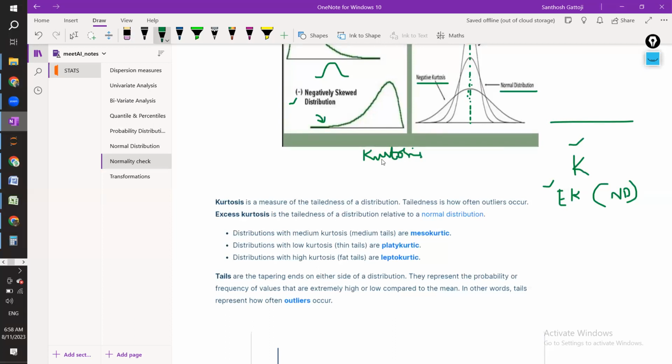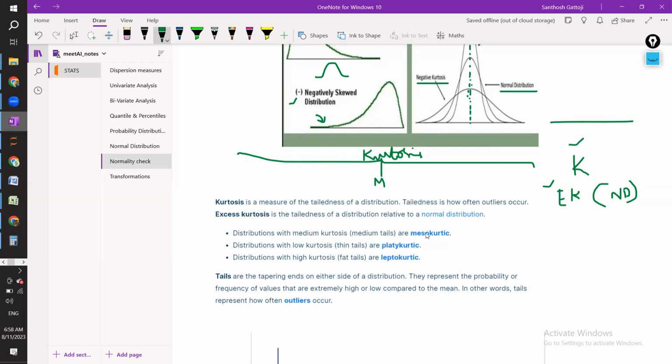It's simple, guys. One is called mesokurtosis, let me just write it as M. M is for mesokurtosis. In mesokurtosis, the distributions have medium kurtosis, medium tails. It's not smaller, not fatter, not thinner. It is medium tails.